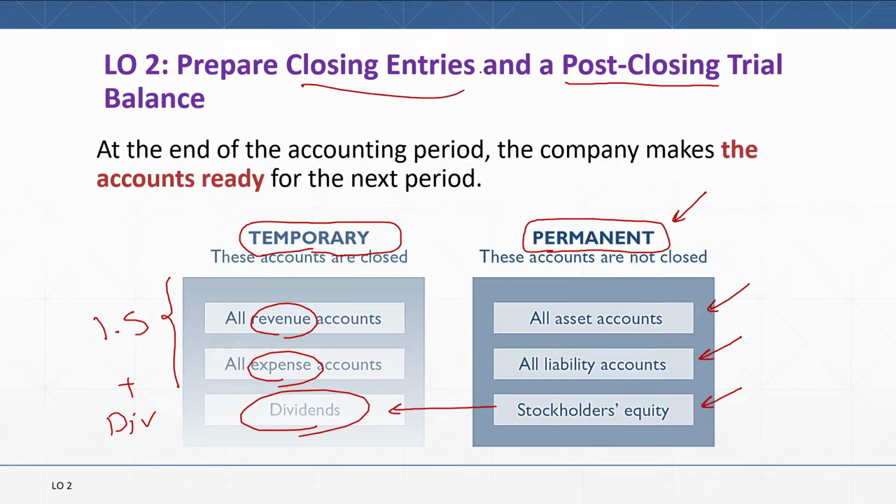Closing entries make the balance of revenues, expenses, and dividends equal to 0. Closing entries transfer the balances of revenues, expenses, and dividends into retained earnings account.